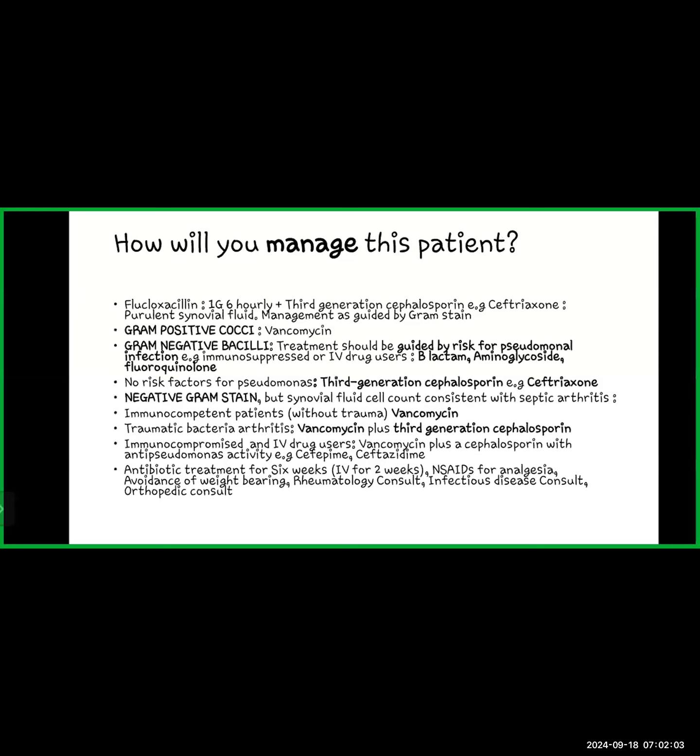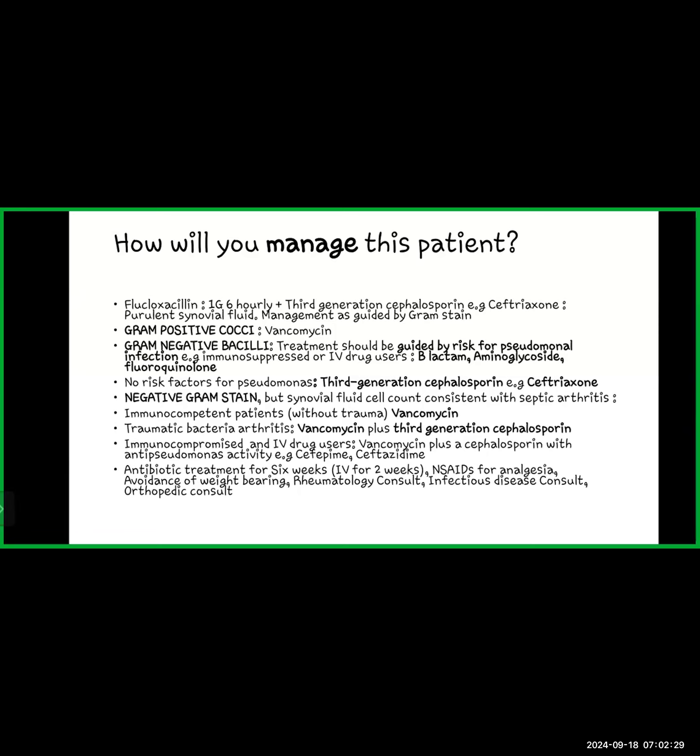In managing this patient, I want to give flucloxacillin 1 gram 6 hourly plus a third generation cephalosporin like ceftriaxone. For the purulent synovial fluid, the management will be guided by what I get from the Gram staining. If it's a Gram-positive cocci, I want to give vancomycin, while for Gram-negative bacilli, the treatment will be guided by the risk of Pseudomonas infection.